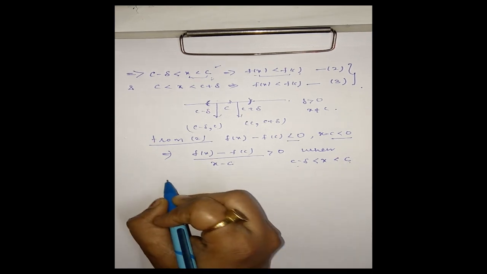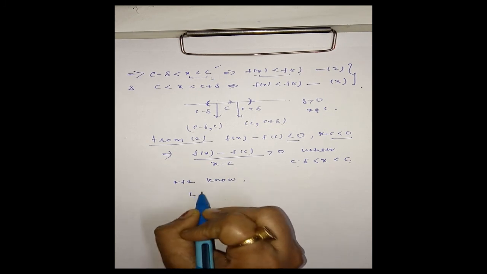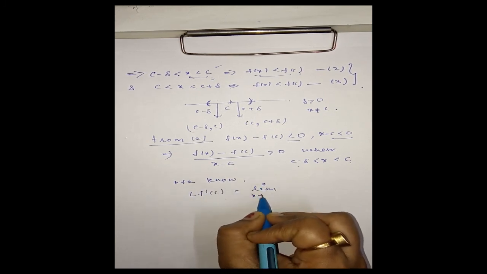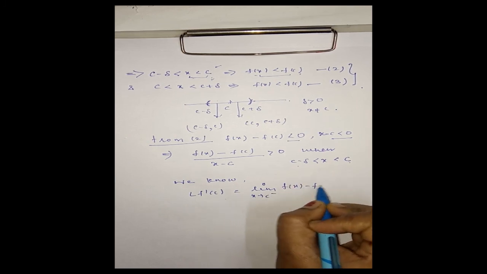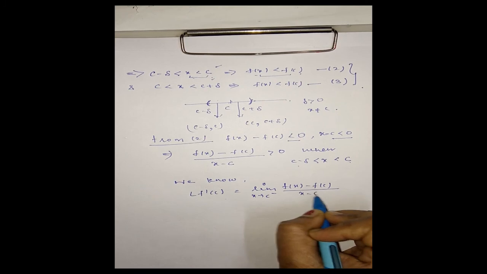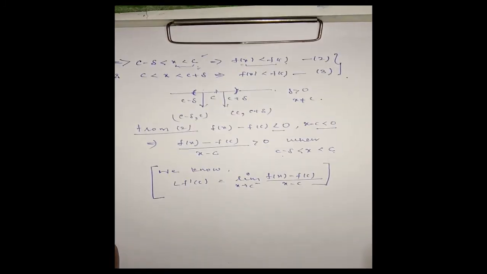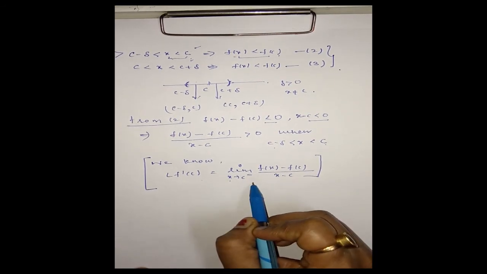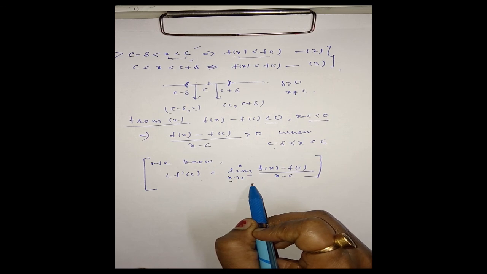Now we know the left hand derivative is defined as the limit x tending to c minus of (f(x) minus f(c)) divided by (x minus c). Limit x tending to c minus means x taking values which are less than c.